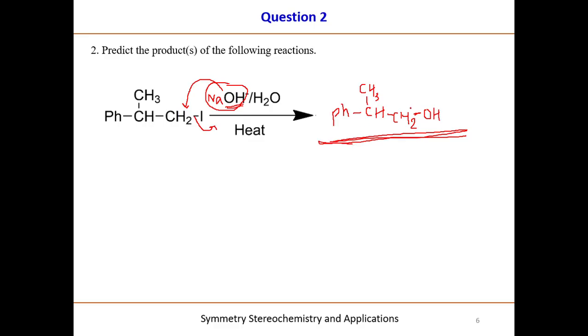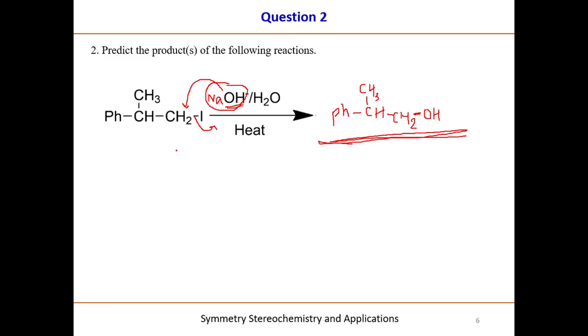In this case the stereochemistry will be inverted. In this starting material the stereochemistry is not mentioned, that's why here also I have not mentioned the stereochemistry. But in other cases where the stereochemistry is mentioned, we have to show the inversion at the carbon bearing the leaving group. So this is the first product with the OH minus nucleophile.